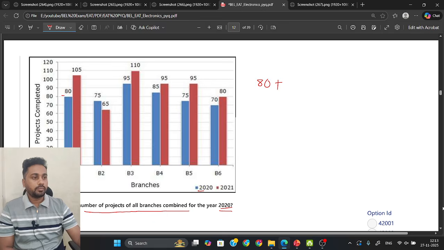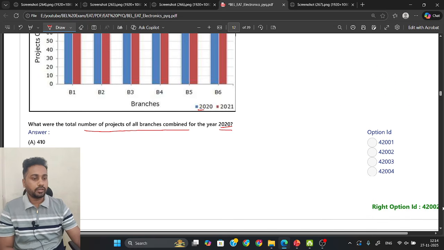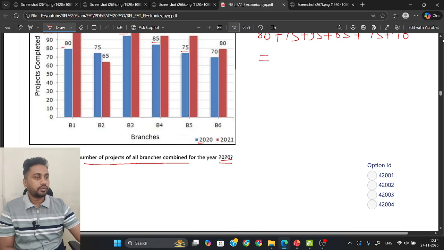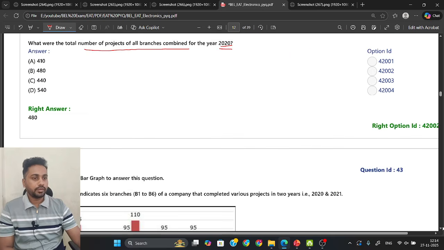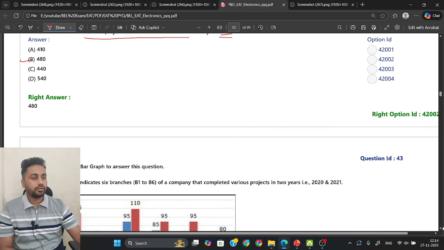So 80 plus 75 plus 95, then plus 85 plus 75 plus 70. If you calculate this, it will come around 480. So 480 is your answer. Option B is your right answer.